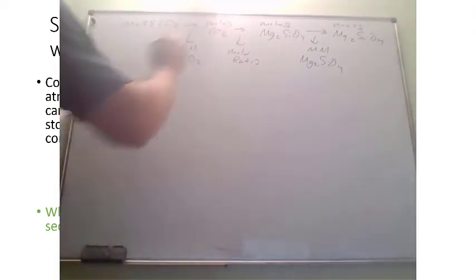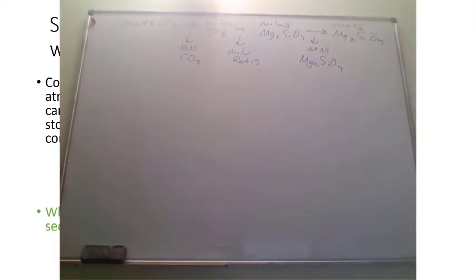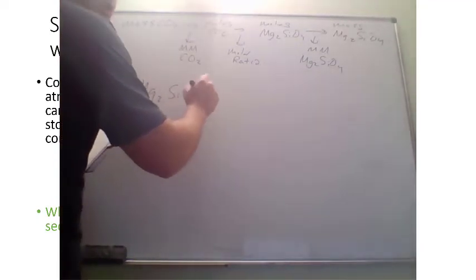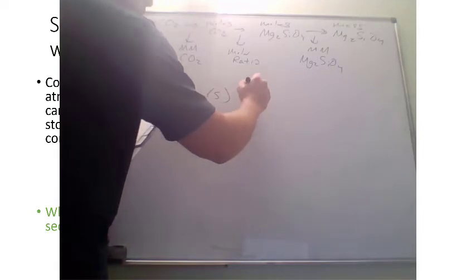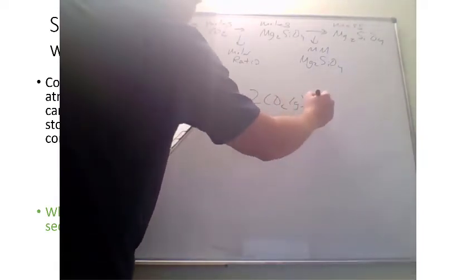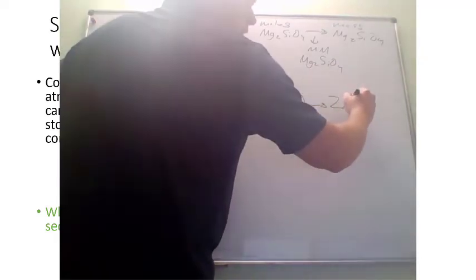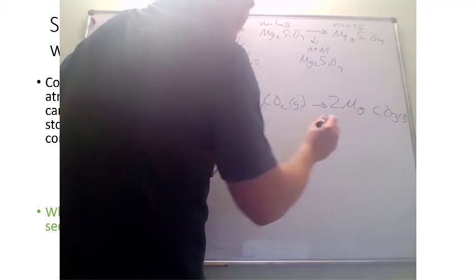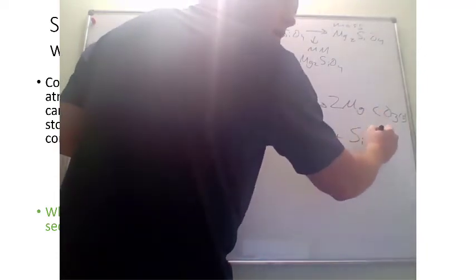Again, that's going to be coming from our chemical equation. So next we want to take a look at our chemical equation: Mg2SiO4 solid plus 2 CO2 yielding 2 MgCO3 solid plus SiO2.